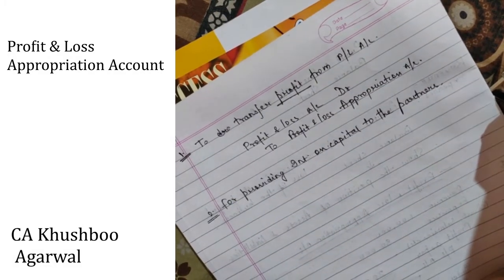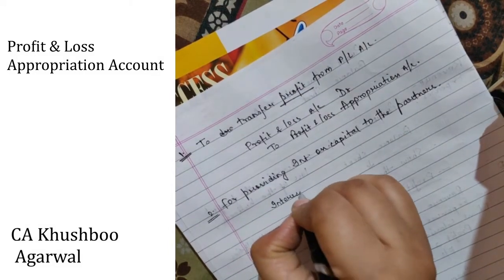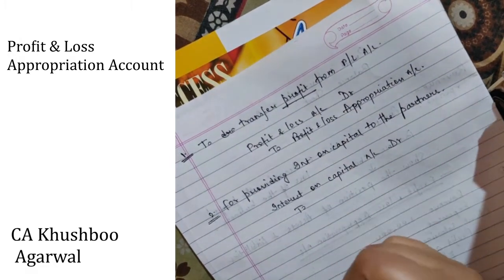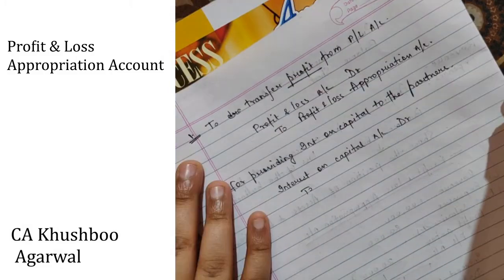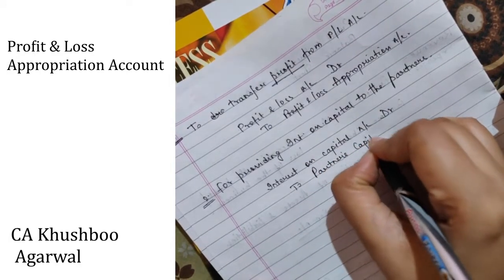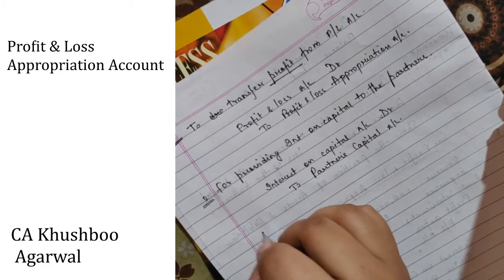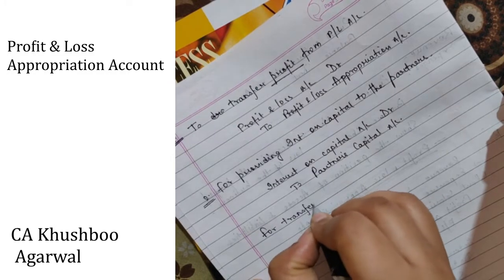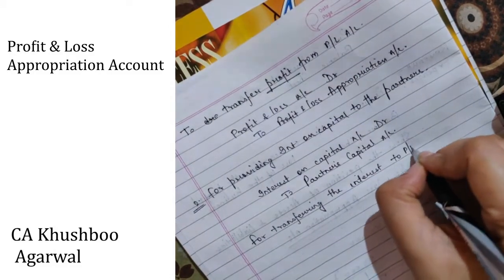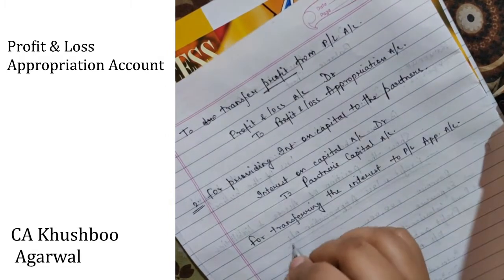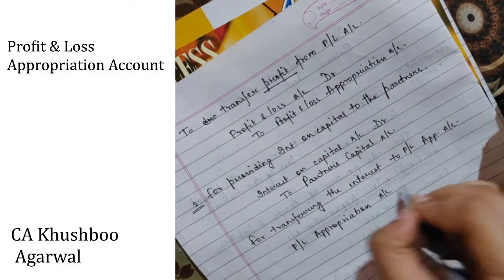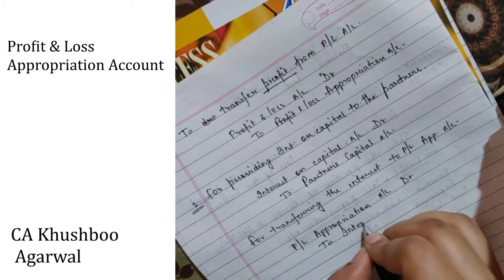Now this is an expense to the firm, so interest on capital will be debited since it is an expense, to partners capital account. For transferring the interest to PL appropriation account, the entry will be profit and loss appropriation account debit to interest on capital.